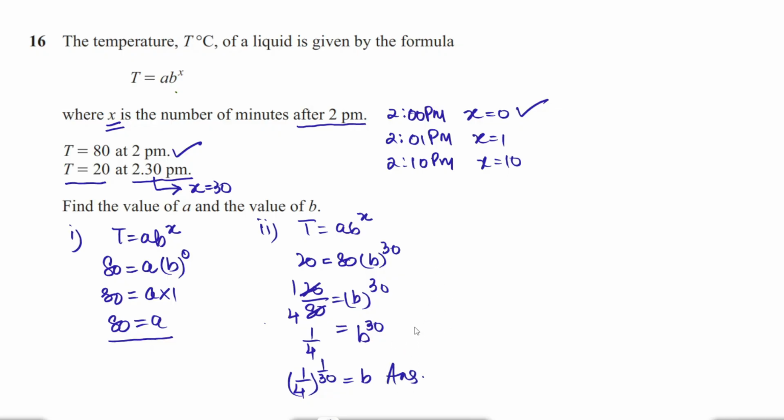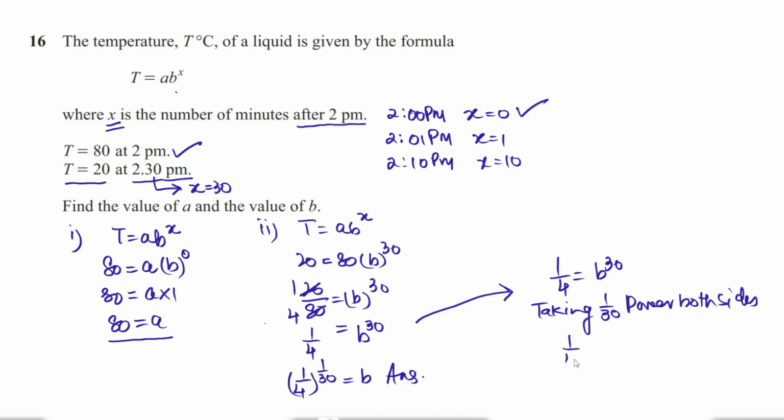And some students get confused. There is another way to solve this problem, like 1 by 4 equals B power 30. So what are we taking? What is the opposite of 30? 1 by 30. So taking the 1 by 30 power on both sides, that is the fundamental concept. So 1 by 4 whole raised to power 1 by 30, B raised to power 30 whole raised to power 1 by 30.